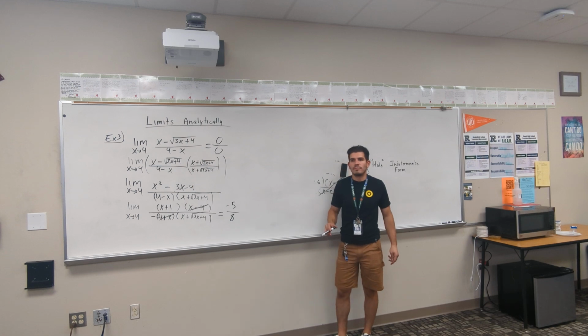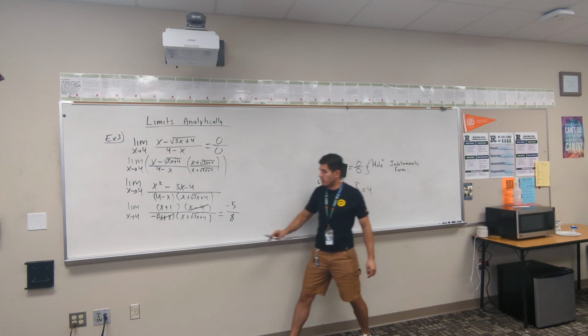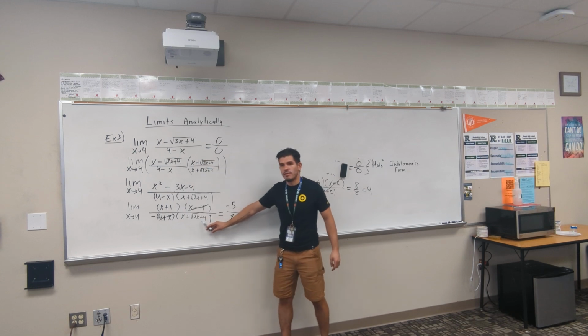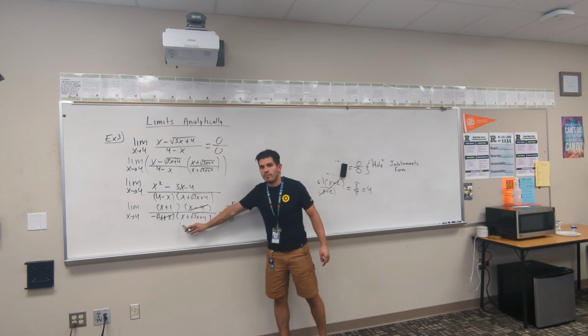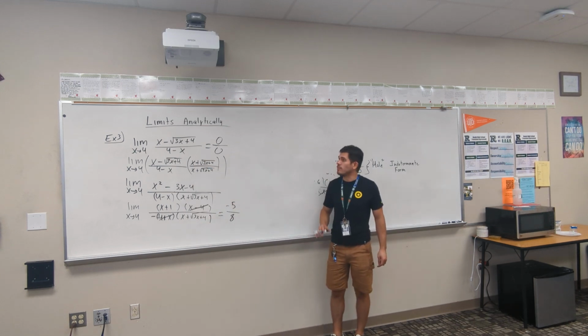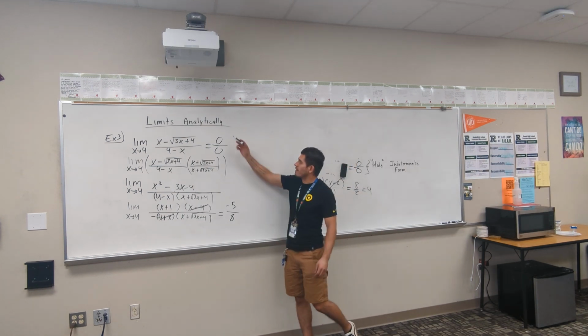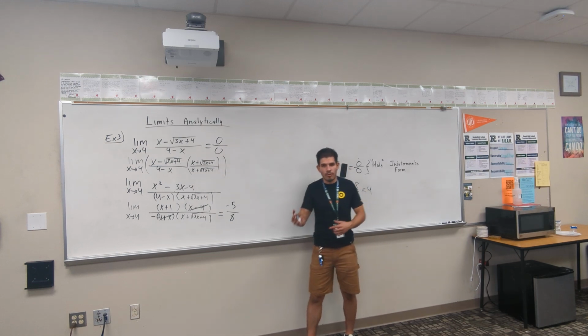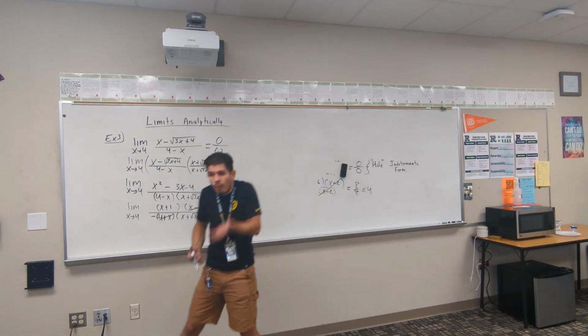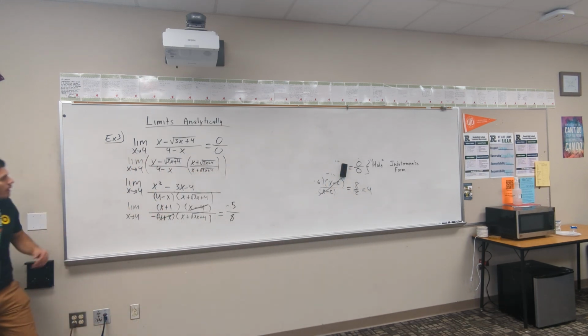If anyone's lost, this would give me a 16. Square root of 16 is 4. 4 plus 4 is 8. So my final answer to the initial problem is that the limit as x approaches 4 is negative 5/8, which once again, the fact that I got a 0 over 0 means that there was a hole. So graphically speaking, I have a hole at (4, negative 5/8). Cool?